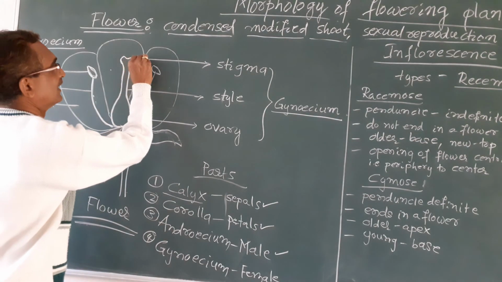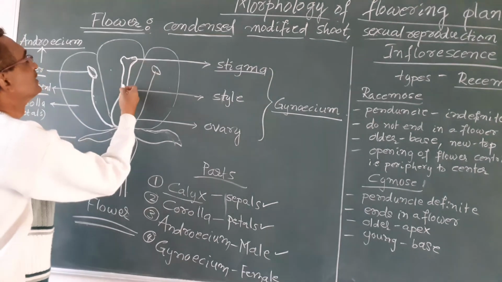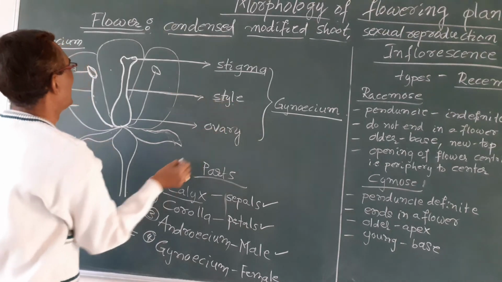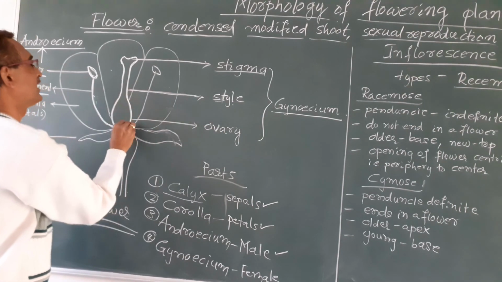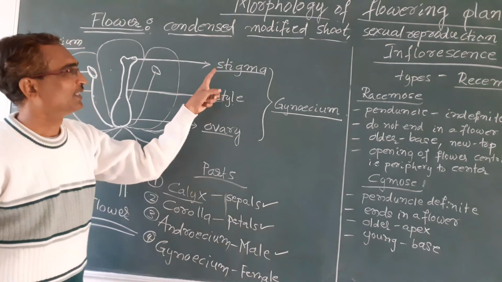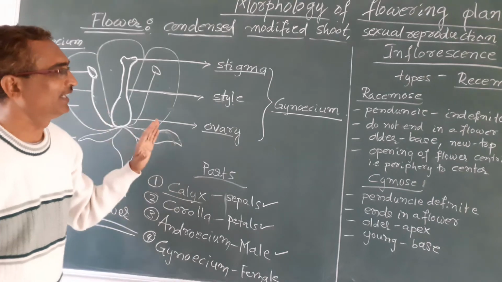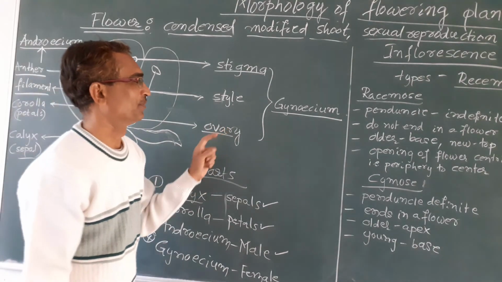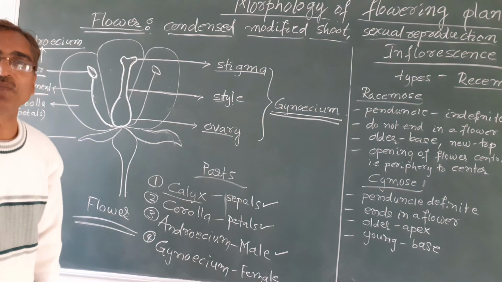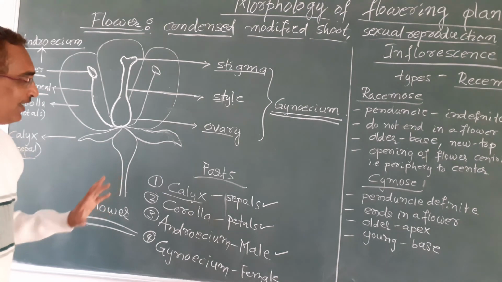The upper part is called the stigma, the tube-like middle part is called the style, and the bulged portion at the base is called the ovary. So stigma, style and ovary all constitute the gynoecium, the female reproductive part of a flower.